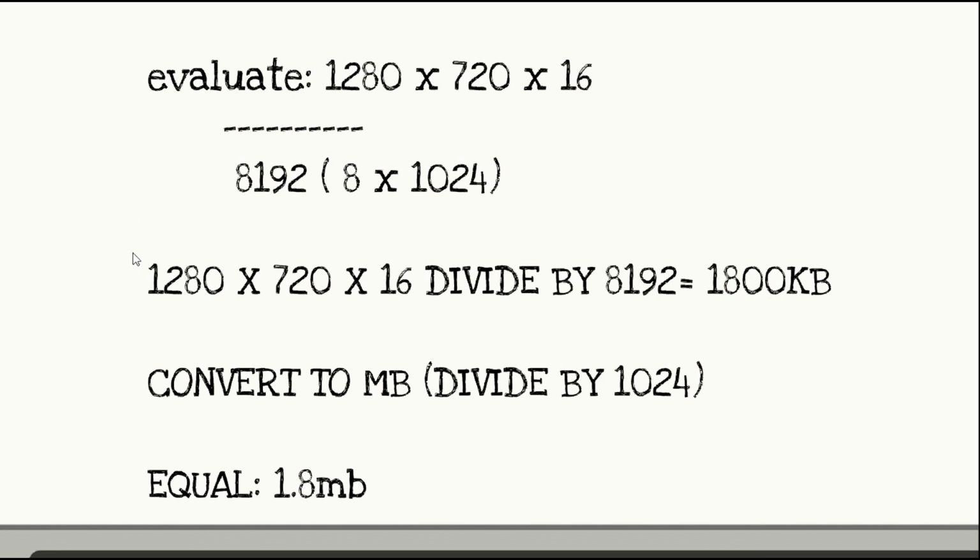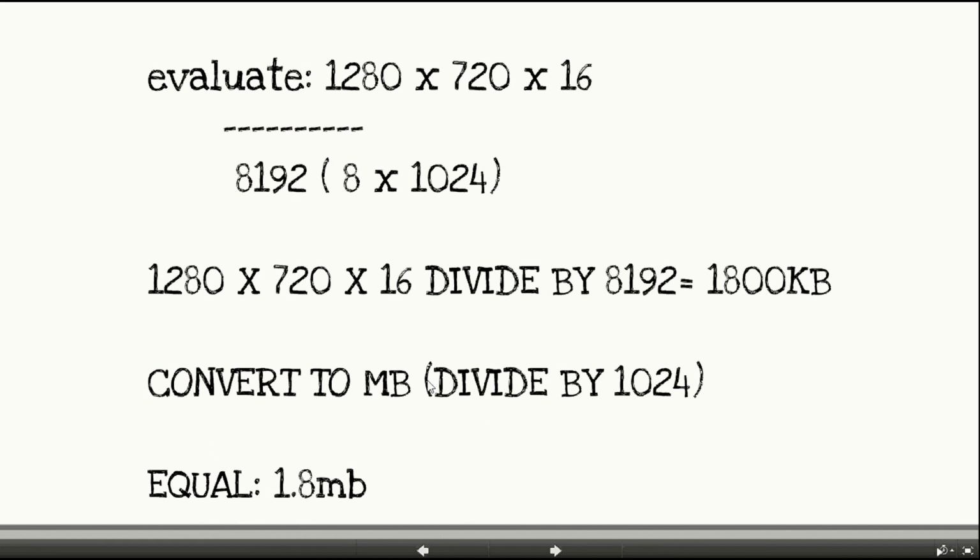You would usually want to do this part first, but that gives you a really huge number. Then you'll divide that by 8192. That'll give you 1800 kilobytes. Then convert to megabytes, divide by 1024, then that's equal to 1.8 megabytes.